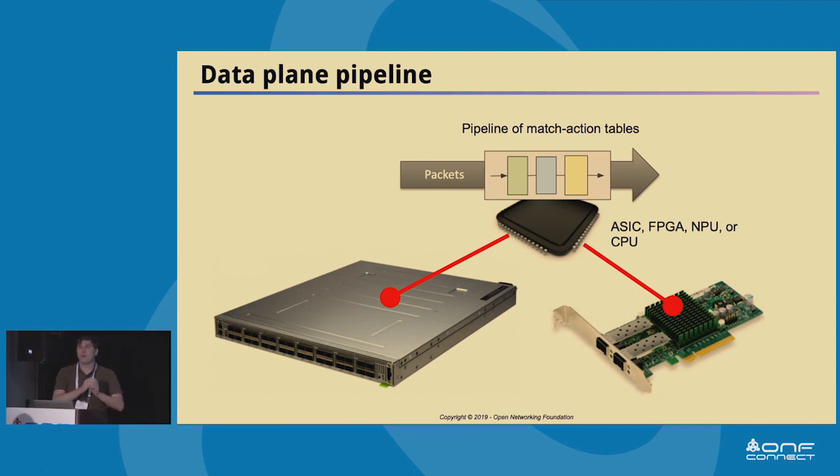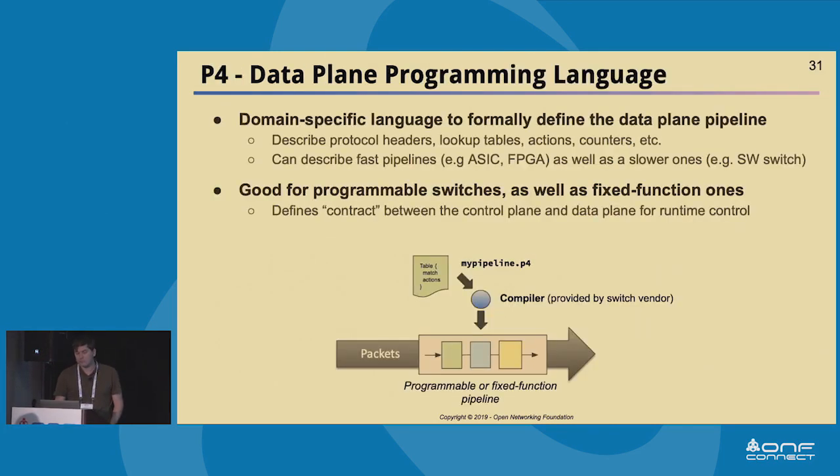So the idea is that you have a pipeline of match action tables, the same match action tables that were made popular, at least in the networking field, by OpenFlow. And these are arranged in sequence. That's what we define as a pipeline of match action tables.